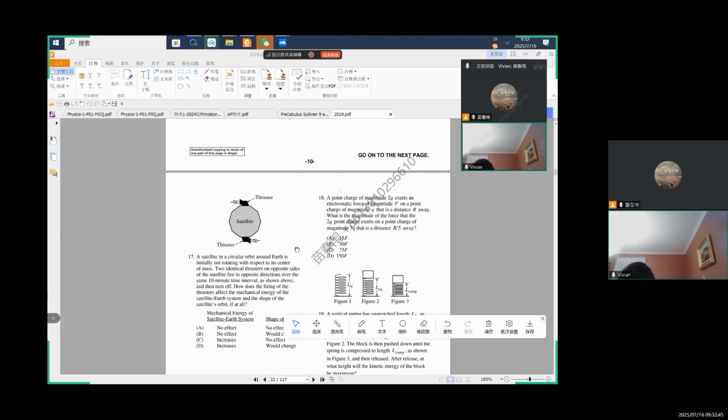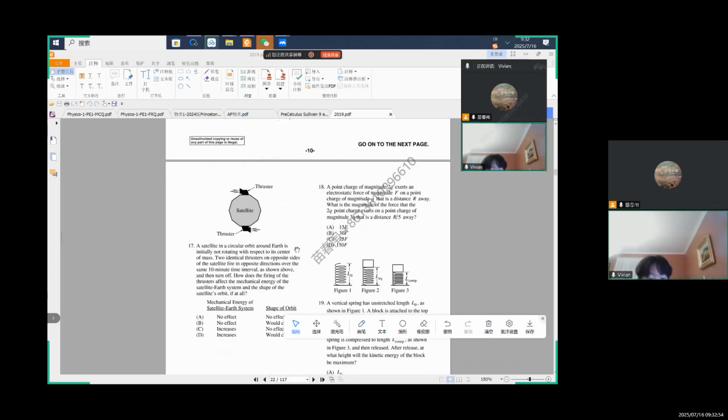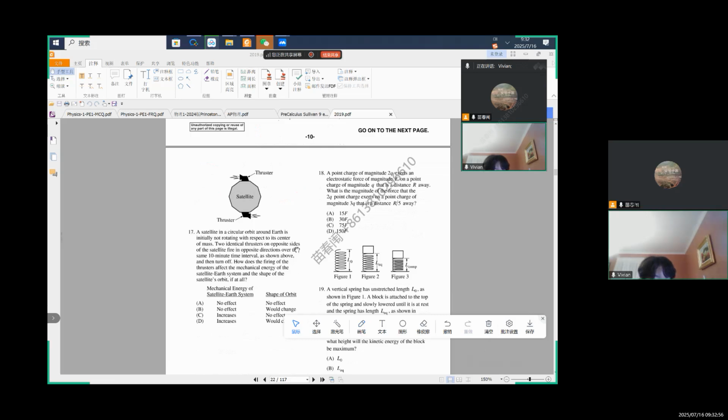The 17. This satellite in a particular orbit around Earth is usually not rotating.